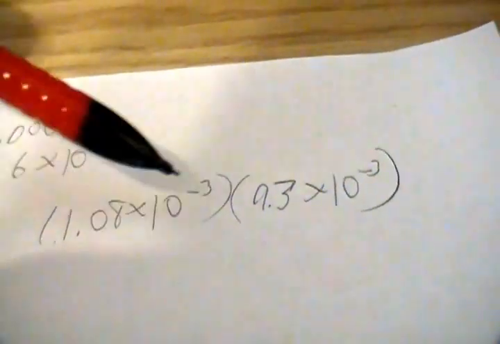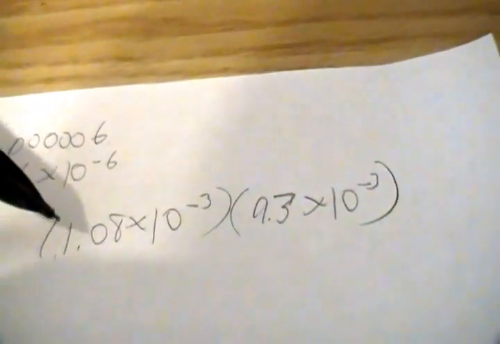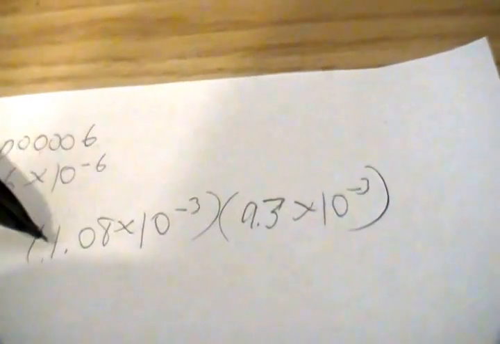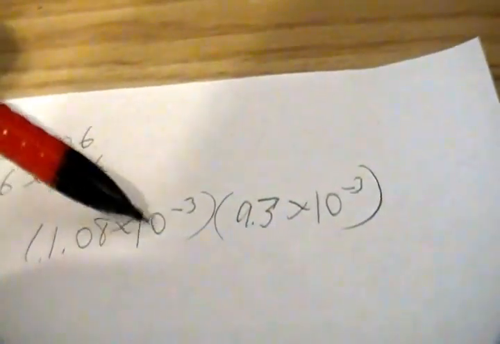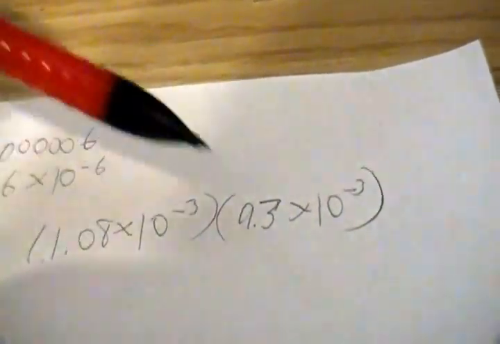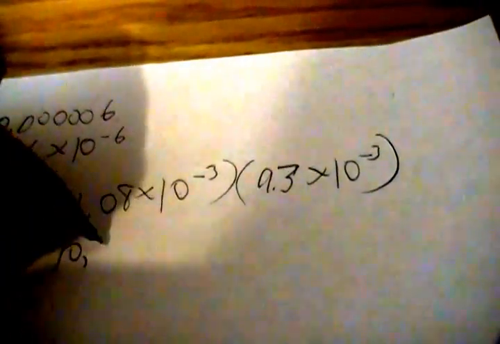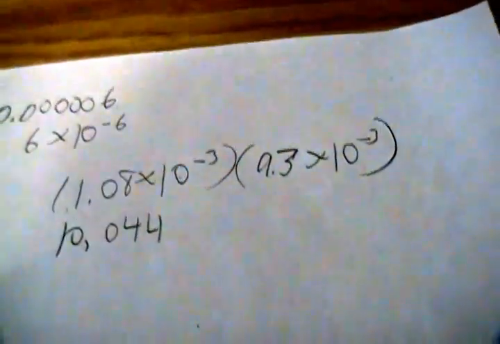When you're multiplying two numbers in scientific notation, you first multiply the decimal numbers in front of the exponent. So you multiply 1.08 times 9.3, and we get 10.044.